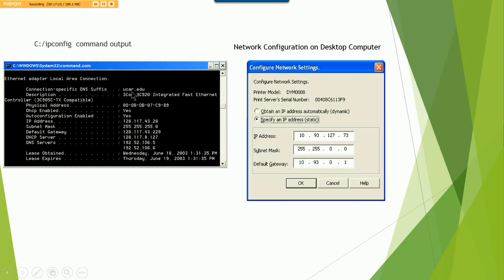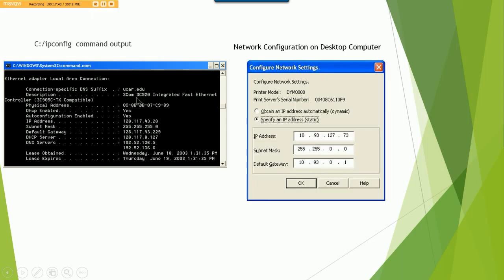So I would assume this computer is on an educational institution's network, because the domain edu is an education domain. UCAR, I am not familiar with that university. I would assume University of Carolina maybe, but I'm not sure what it is. But it seems to be an educational company that this computer is attached to.